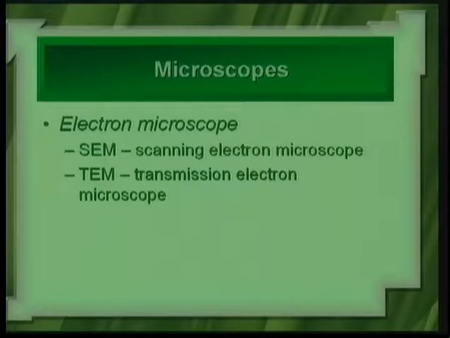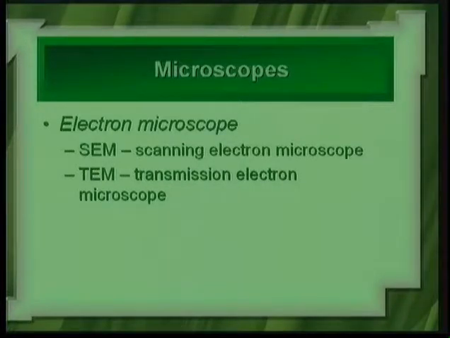Secondly, we also have something called a TEM, also known as a transmission electron microscope. The transmission electron microscope is a tool under which you can take images of something with which you're actually looking at. Electron microscopes, of course, use electrons, whereas a compound light microscope uses light that you need to shine through a specimen.